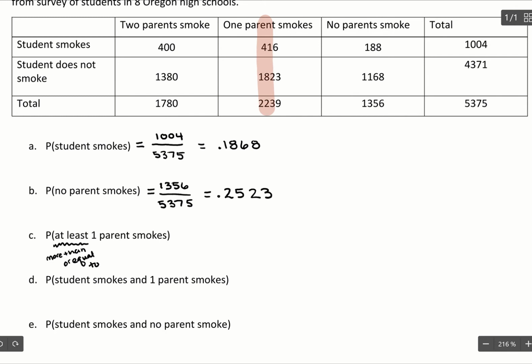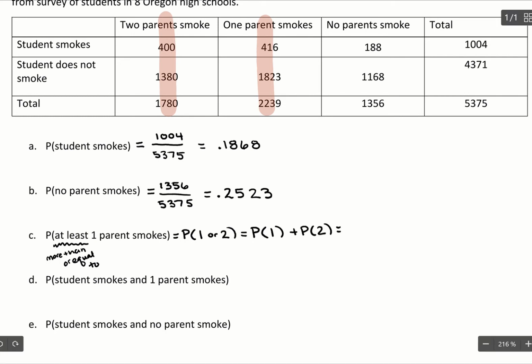You can either have one parent that smokes or two parents that smoke. Both of those fit this category. We could write this as the probability of one parent or two parents smoke, and this is where our addition rule comes in. We take the probability of one parent smoking plus the probability of two parents smoking.